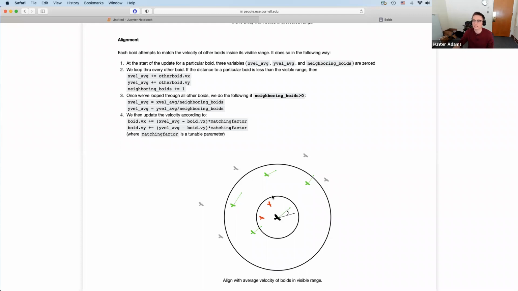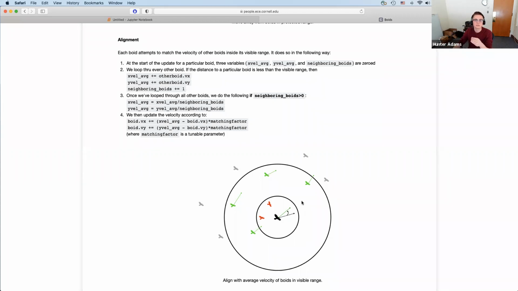So the way that it does this algorithmically is we zero a few variables here: x velocity average, y velocity average, and neighboring boids, which we'll use to keep track of the number of boids that are within our visual range. And then as before, for each boid, we loop through every other boid and determine whether that boid is farther than the protected range from us and closer than the visual range.